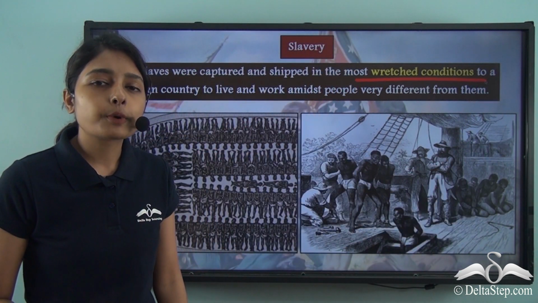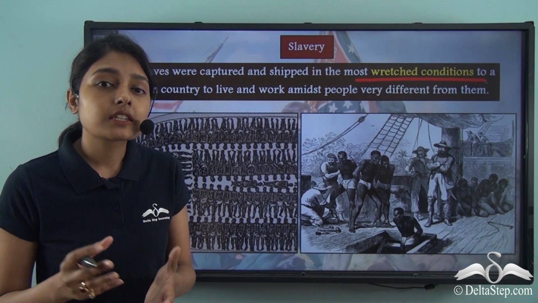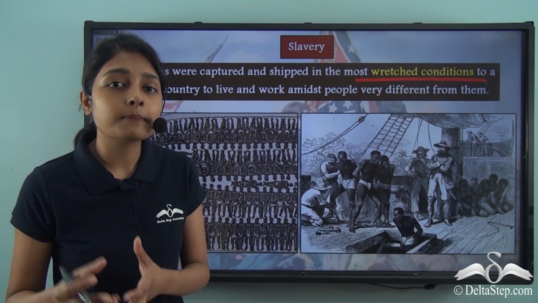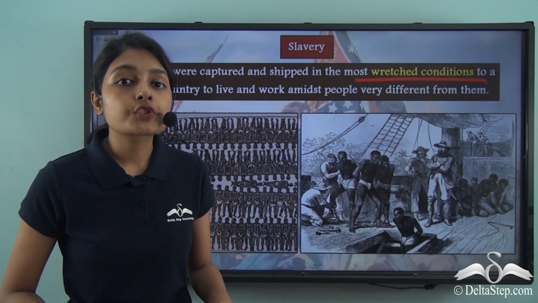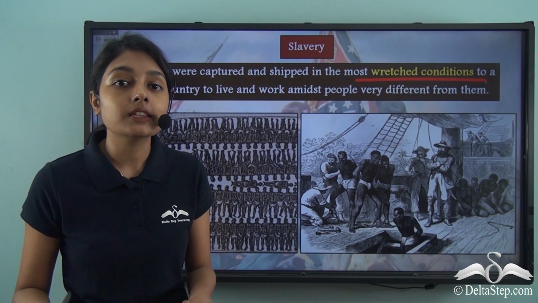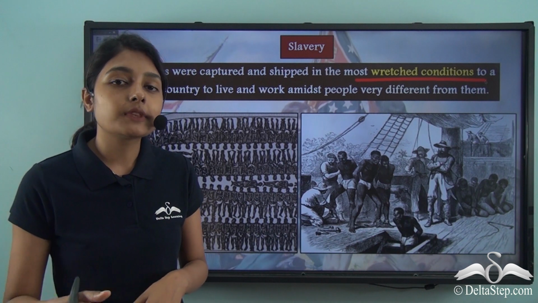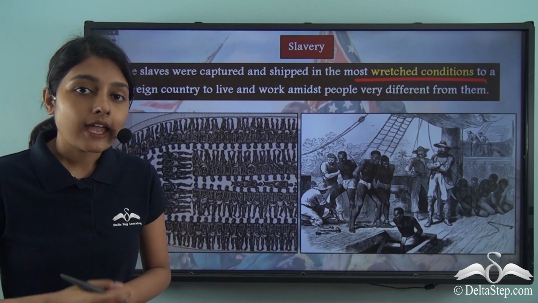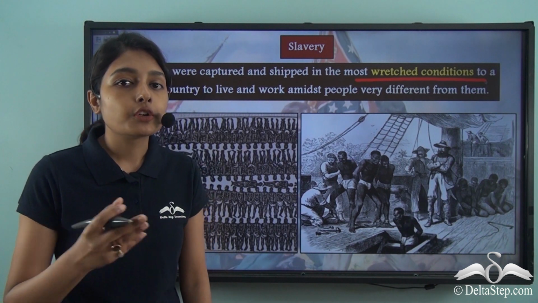They did not get proper food, so they died out of hunger, and they were also beaten, abused and mishandled. Because of this, so many slaves chose to jump into the water because it was better than living this life of servitude. But not all slaves could escape the life of servitude this way, and they were then shipped from Africa to North America.